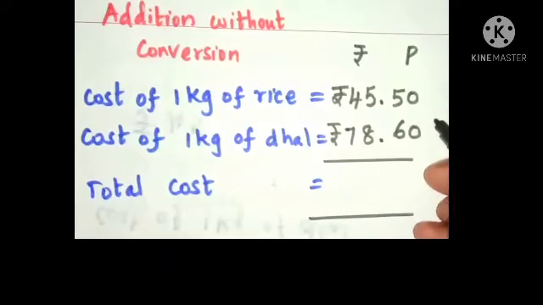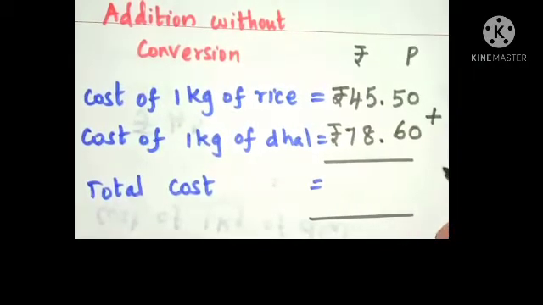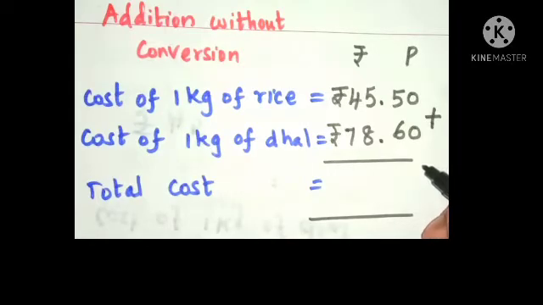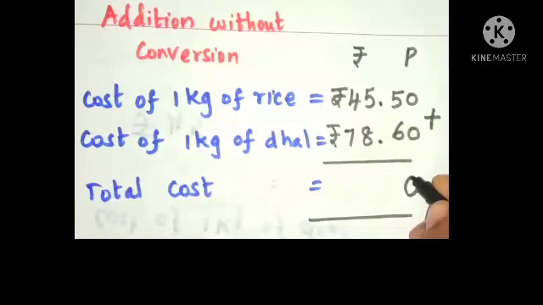Okay, so now we are going to add, because to find the total cost, total is the keyword of addition, add all together. To get the value of total amount, here we are adding. So 0 plus 0, 0. 5 plus 6, yes, it is 11.